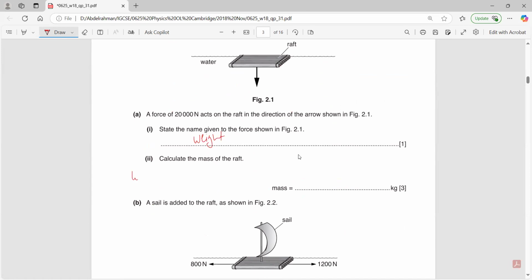The original equation was weight equals mg. So mass equals weight over g, which is 20,000 divided by 9.8, around 2,040 kilograms.